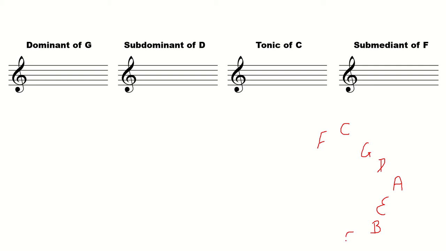And then we go down and eat bacon. And just to make that crystal clear, I'm gonna draw a line down to the bottom and then a line across. There we go. So that is my circle of fifths.